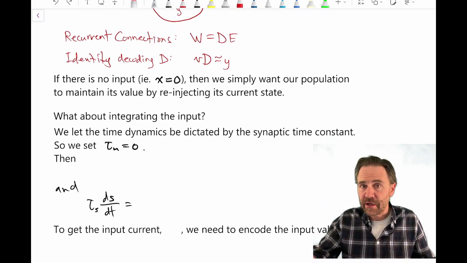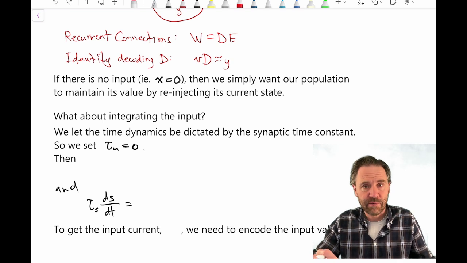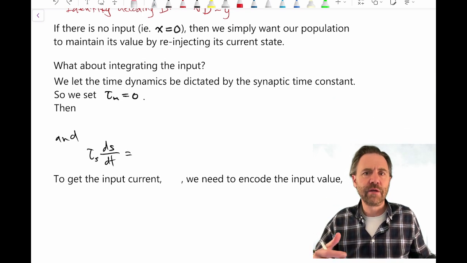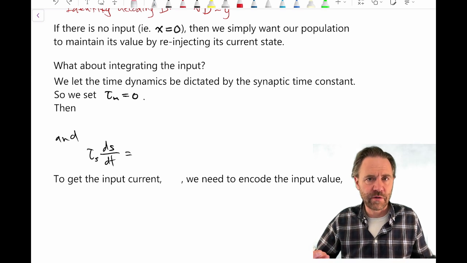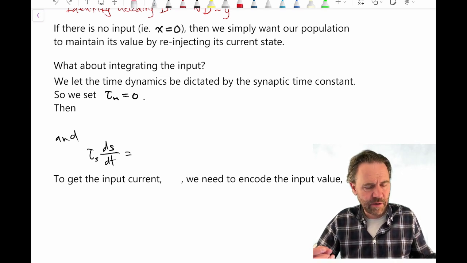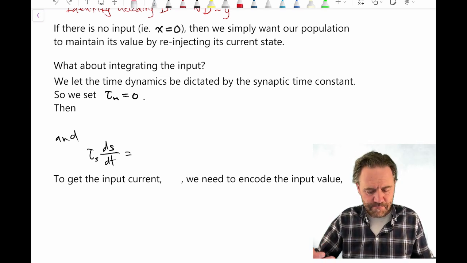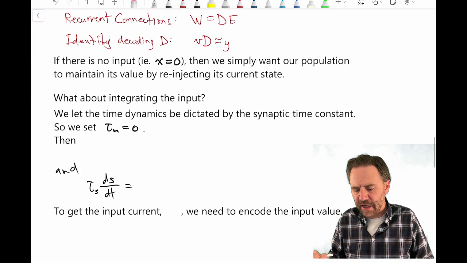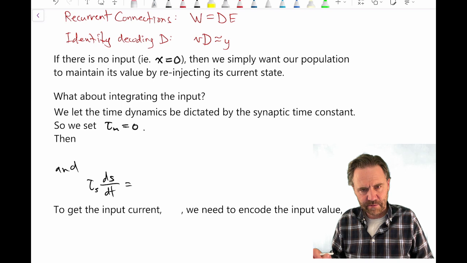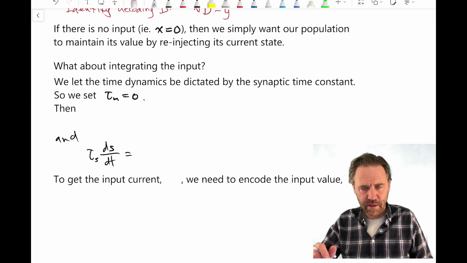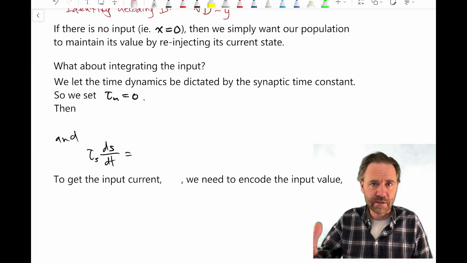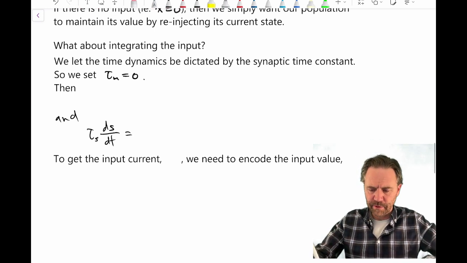So that's great, but that's not integrating yet. What about the input? How does the input get incorporated into the dynamics of this recurrent network in a way that does the integration? For this, we let the time dynamics be dictated by the synaptic time constant. So we're going to let tau sub m equal 0. Essentially, V updates super quickly; it's basically always at equilibrium.